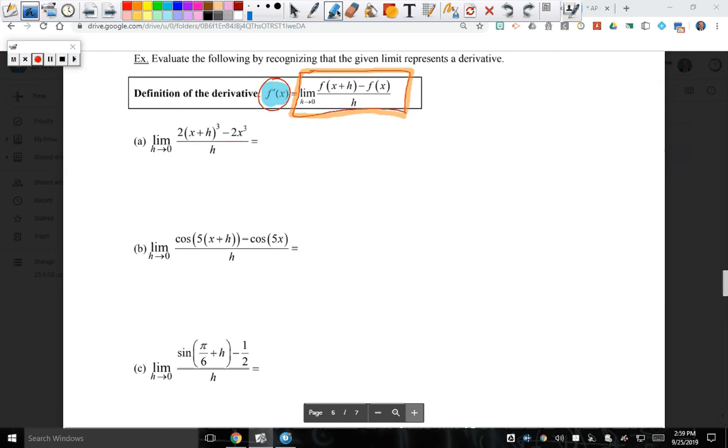F of x. And in the original problem, f of x is right there. The shortcut is f of x is what in this first example right here? What's f of x? 2x cubed.